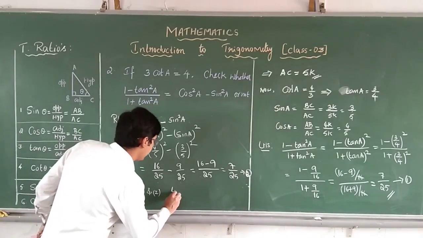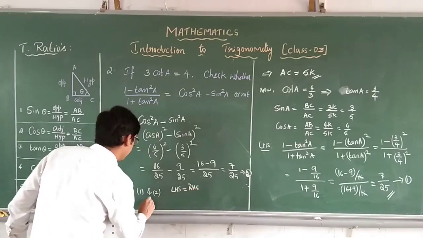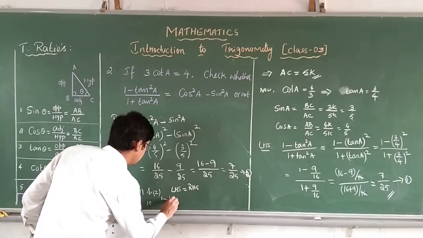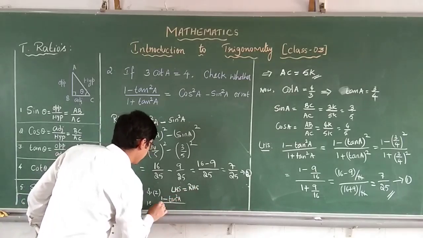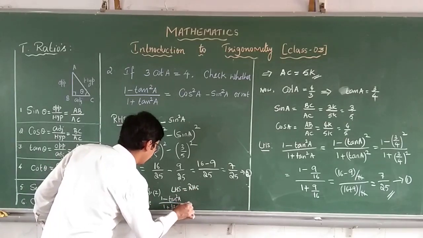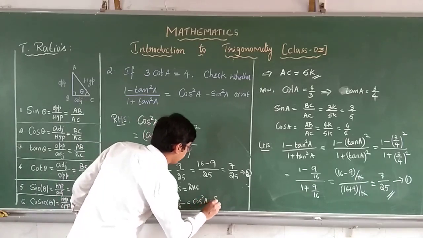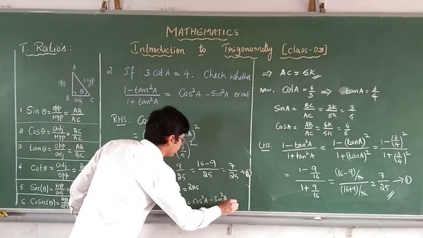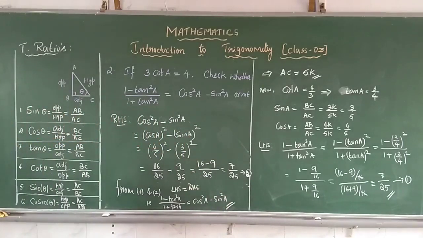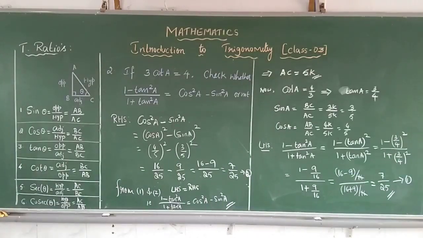Therefore we can say LHS is equal to RHS, that is 1 minus tan square A divided by 1 plus tan square A is equal to cos square A minus sin square A. This is the proof of the second problem of today's class. Write down the solution.